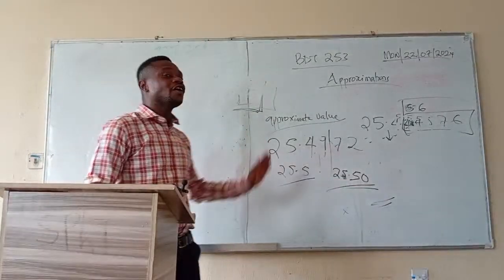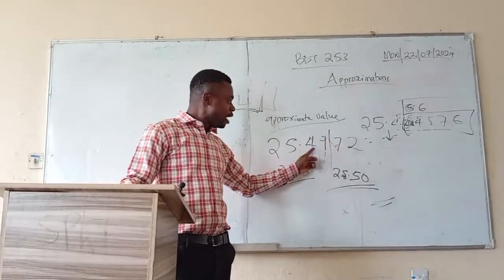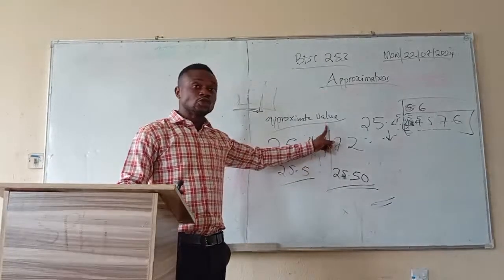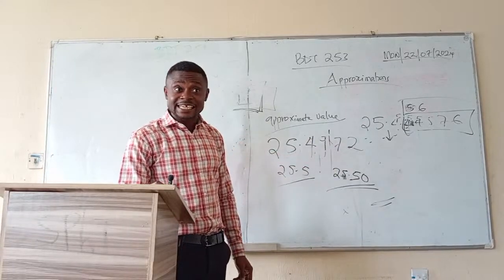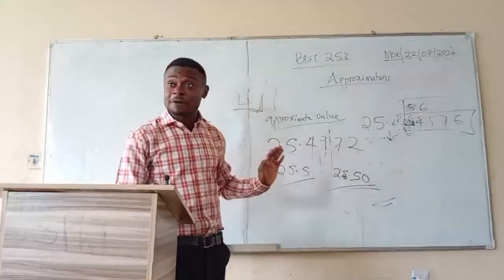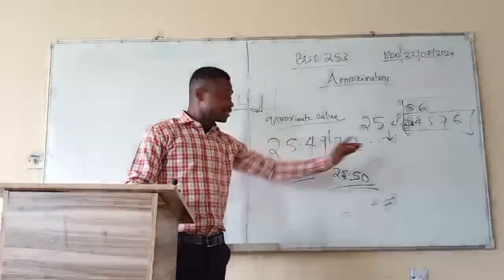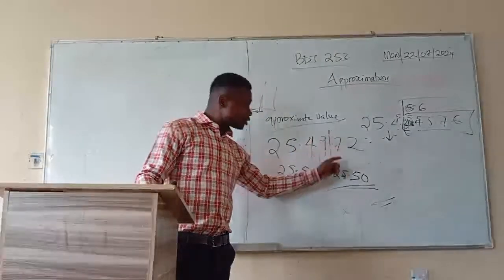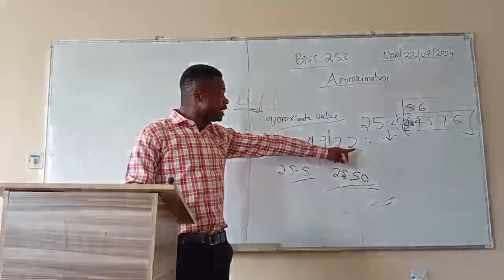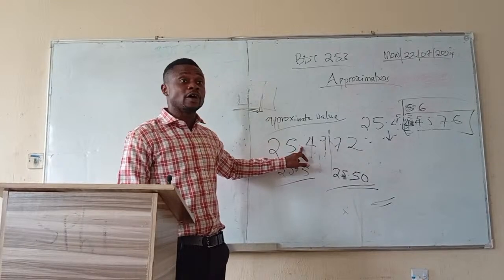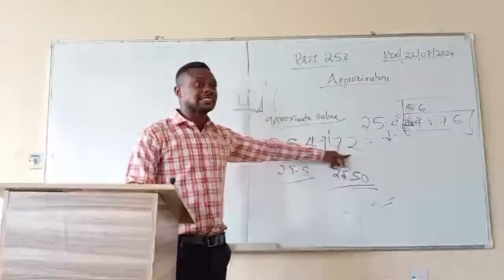Period. If the number of digits is 2, that number is in what? 2 decimal places. If the number of digits to the right of the decimal point is 3, this number is in what? 3 decimal places. How many digits are to the right of this decimal point? 4, right? So this number is in 4 decimal places.